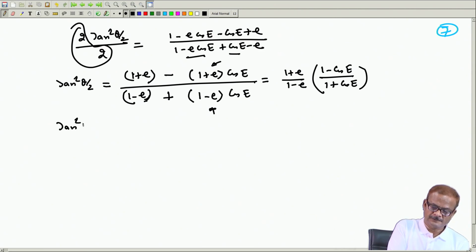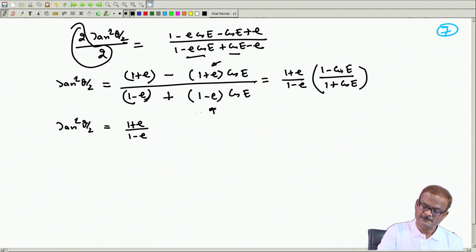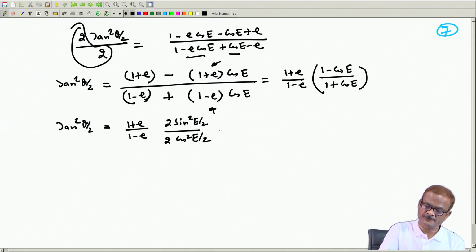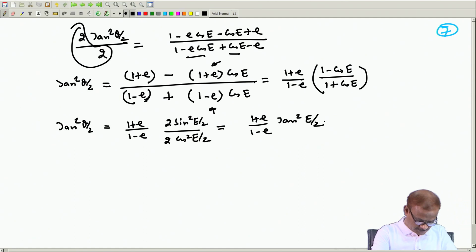So, tan square theta by 2 equals this, and this becomes 2 sin square E by 2 over 2 cos square E by 2 using this trigonometric identity.